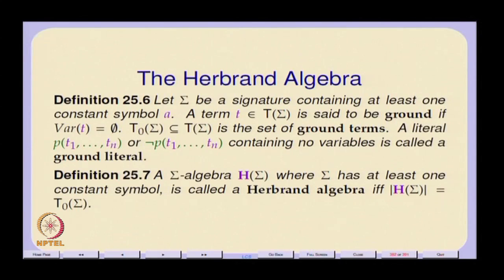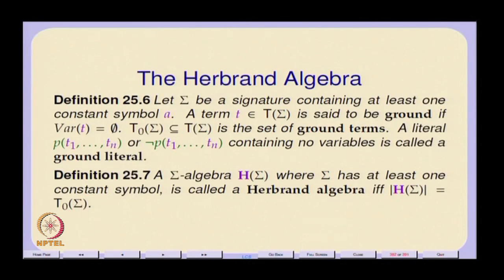A term is said to be ground if it is variable free, if there are no variables in the term. T naught of sigma is the set of ground terms, and T sigma is the entire term algebra.